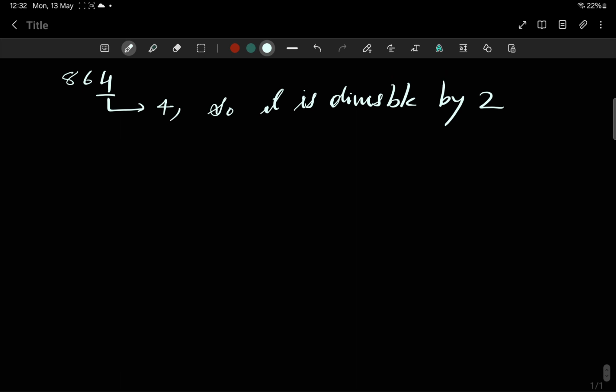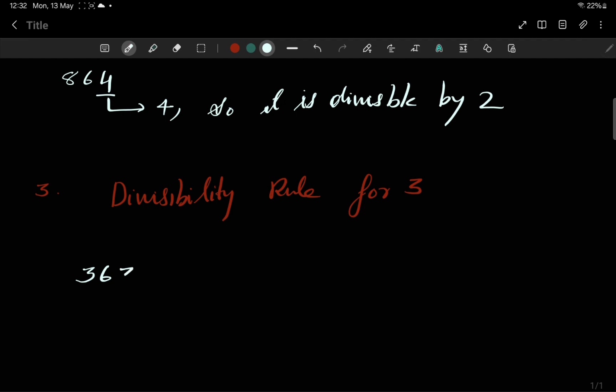So next I am going to the divisibility rule for 3. So I am writing an example, that is 363. In order to check whether a number is divisible by 3, you need to just add all the digits.